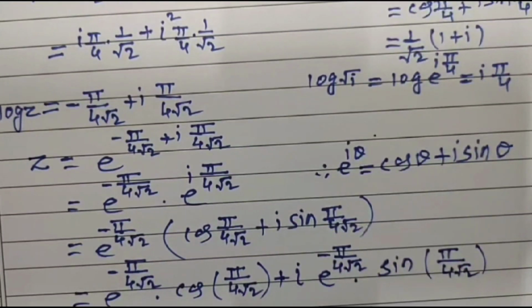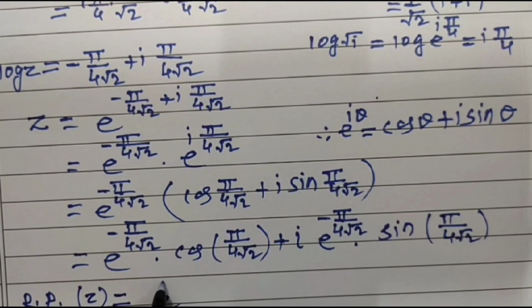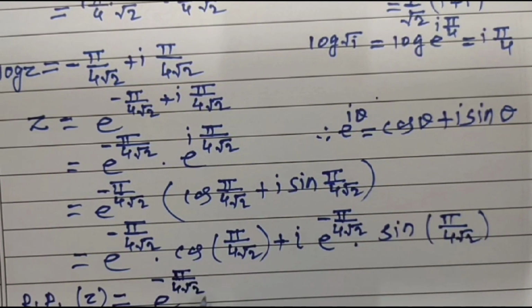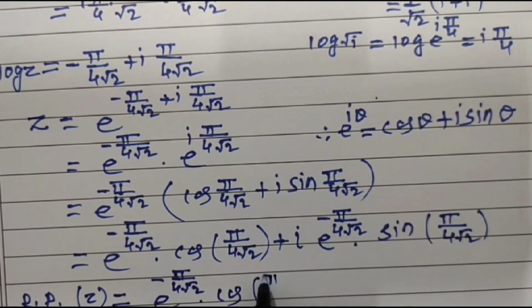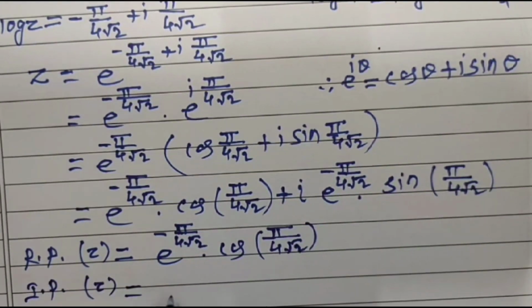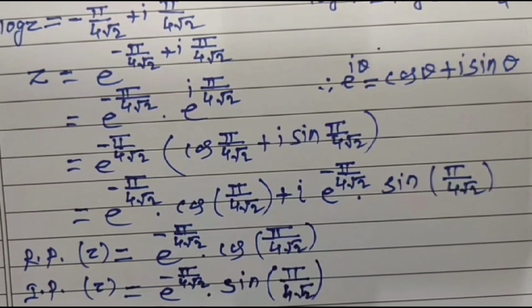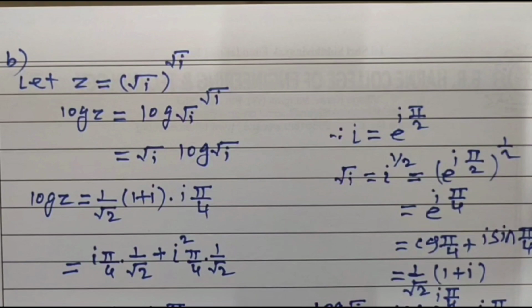So the real part of the given complex number is e to the power minus pi upon 4 root 2 into cos of pi upon 4 root 2. And the imaginary part of the given complex number is e to the power minus pi upon 4 root 2 into sine of pi upon 4 root 2. In this way, we have separated the real part and imaginary part of the given complex number. Sum number b is solved.